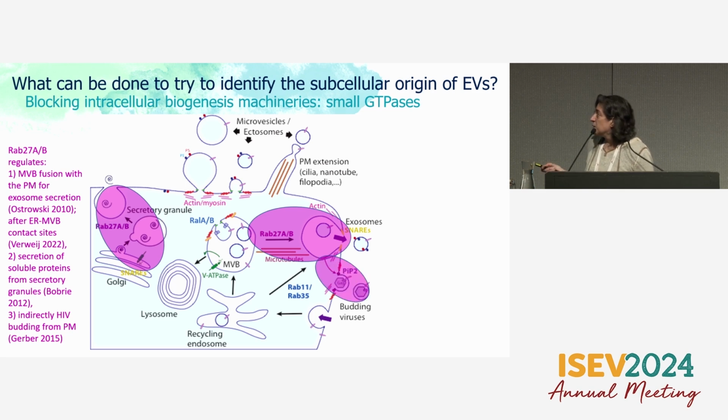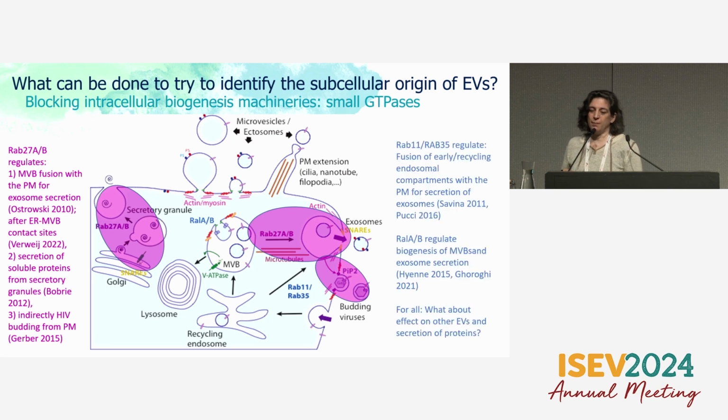And then the last aspect that was published later by Matthias Ostrowski's group was that it was also blocking indirectly the budding of viruses from the plasma membrane by preventing bringing of PIP2 to the plasma membrane. So indirectly, blocking RAB27 was blocking also the secretion of ectosomes, I mean vesicles budding from the plasma membrane.